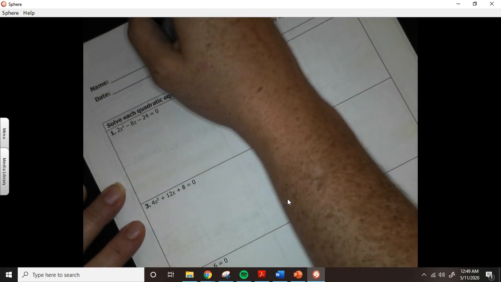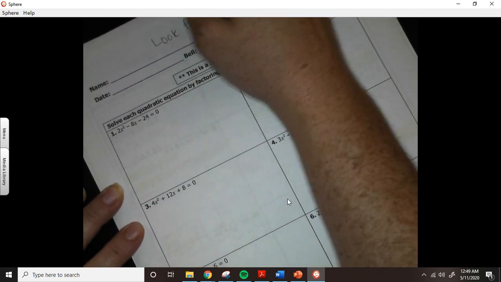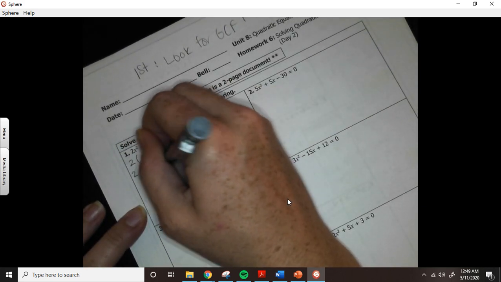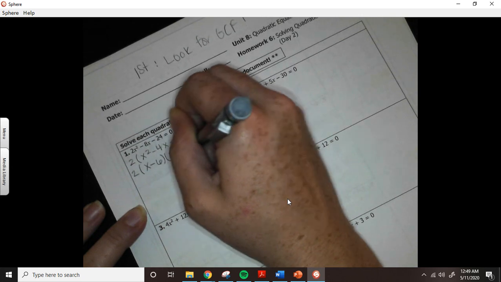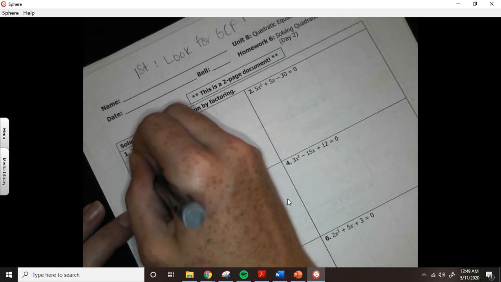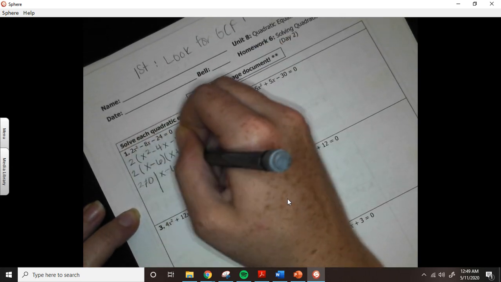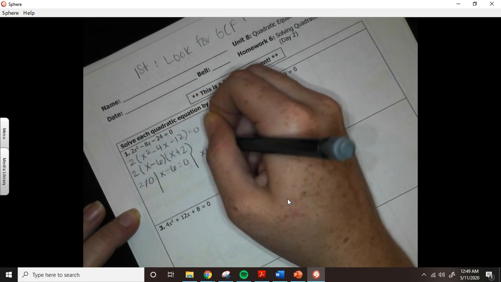All right, odd numbers of homework 6. Number 1, we will always look for a GCF first. Taking out a 2, we had 2 times x squared minus 4x minus 12, which factors as x minus 6 and x plus 2. 2 cannot equal 0, so x minus 6 equals 0 and x plus 2 equals 0.